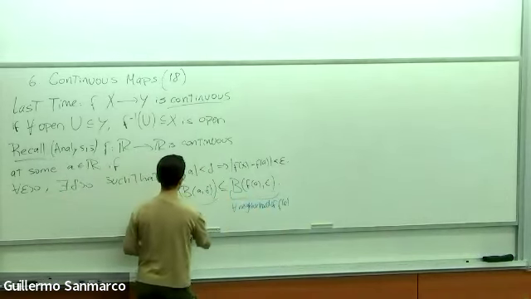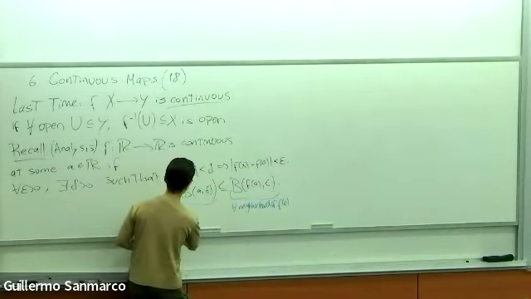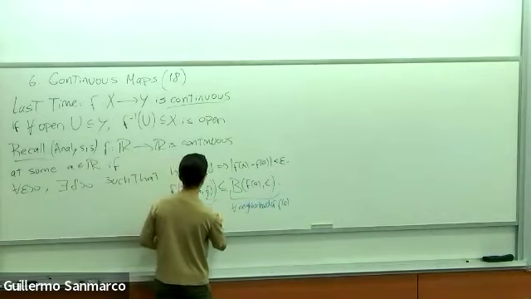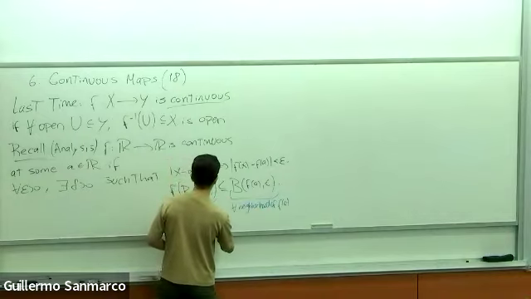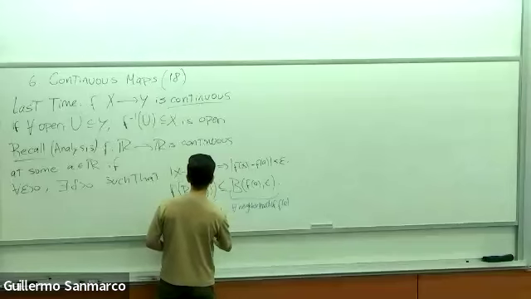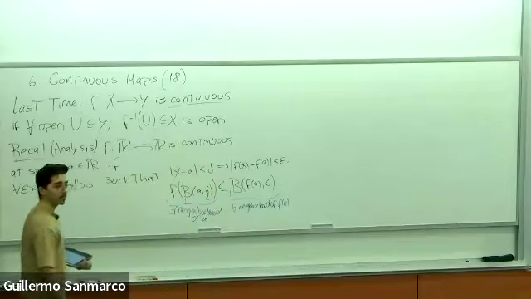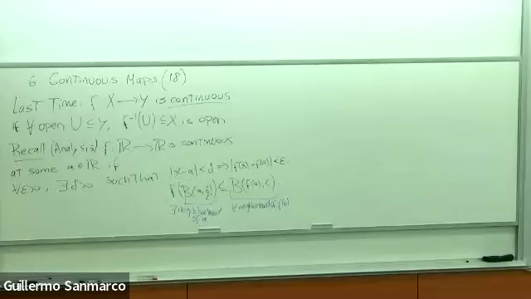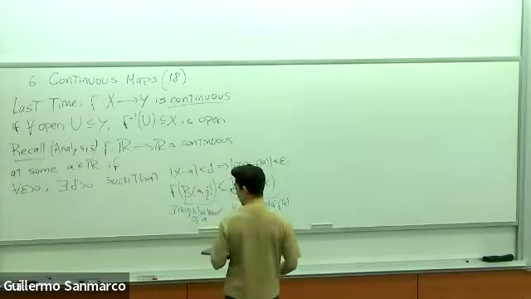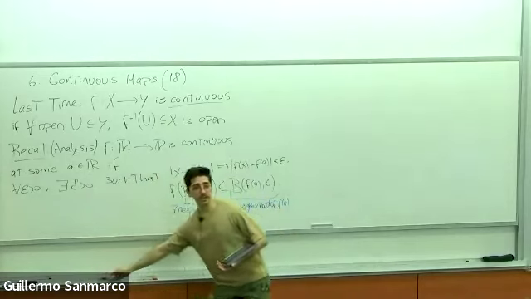There exists, maybe this is the one that exists, there exists a neighborhood of a such that f of the first, the one that exists, is a subset of the other one. Right? That's exactly what this definition is saying.